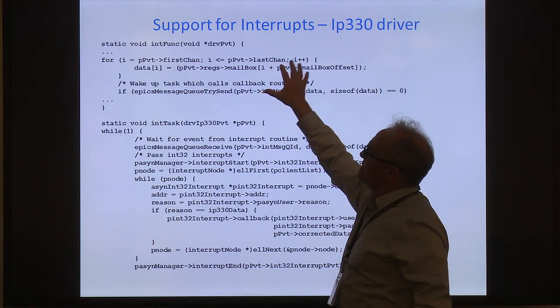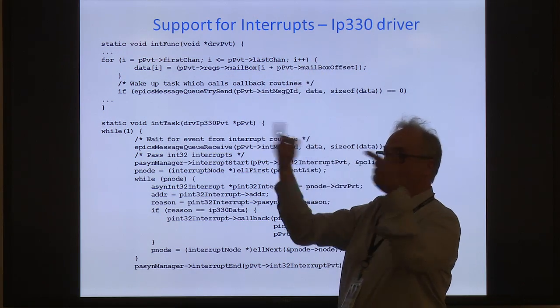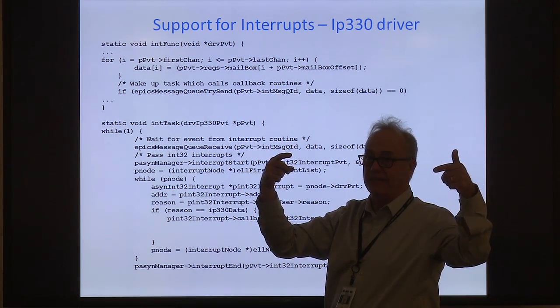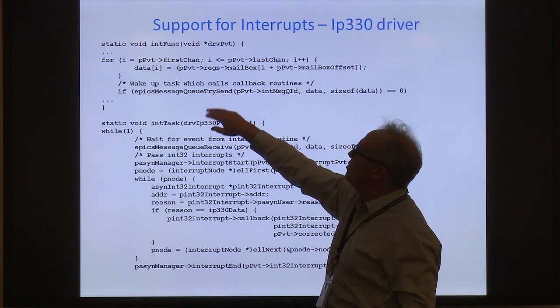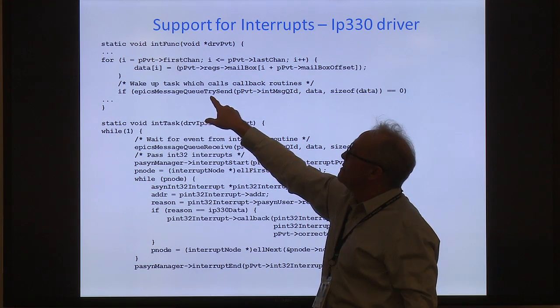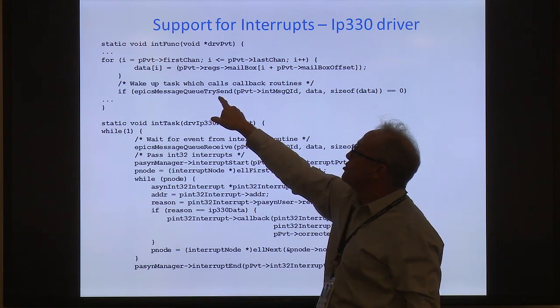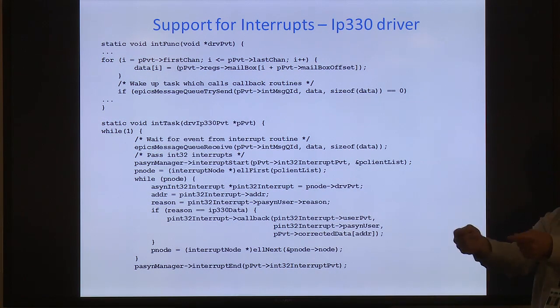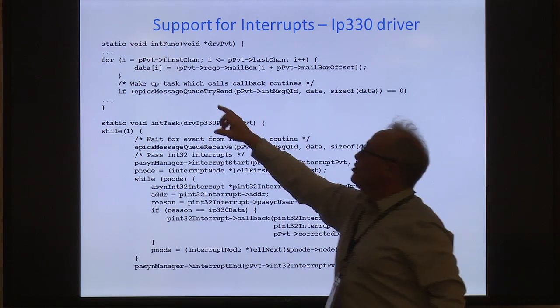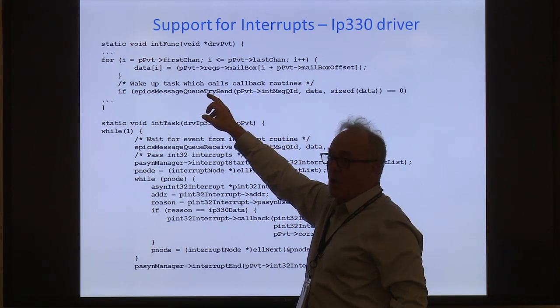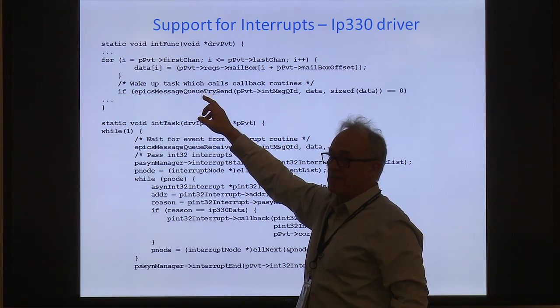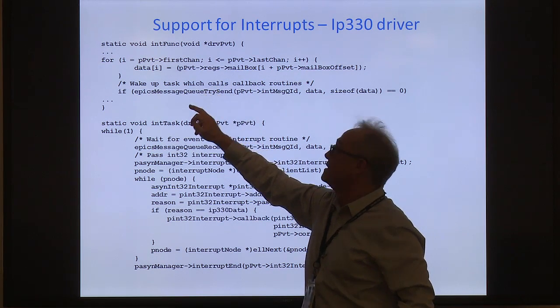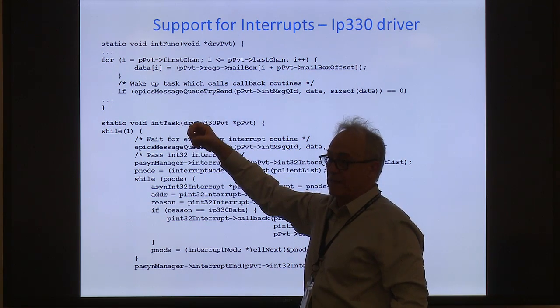So what this does is it's reading out all 16 registers from this ADC, packing them into a message, and then doing an EPICS message queue try send, which can be called at interrupt level. If it fails because the message queue is full, for example, it will just return immediately with an error.